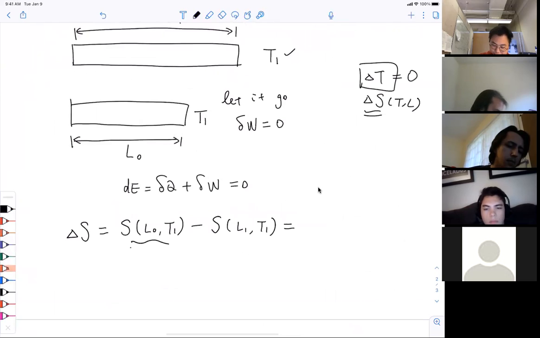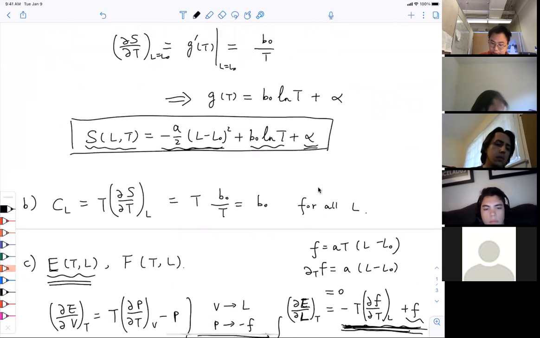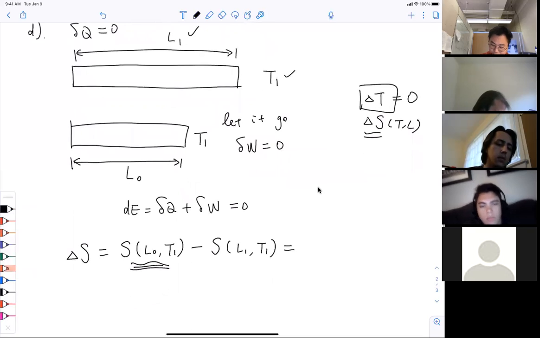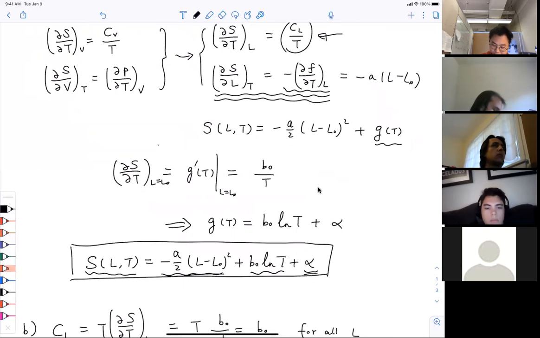This guy is 0, because if your L is L0, then the first term also vanishes. So we only have the last term, and this minus sign cancels with the minus sign here.